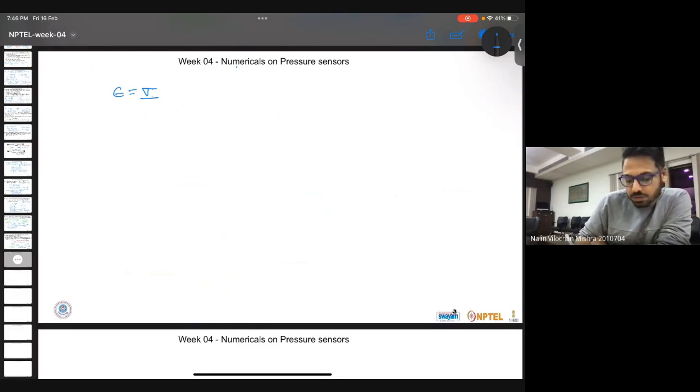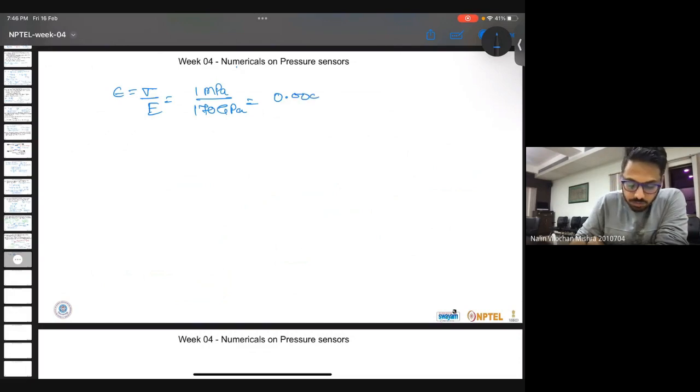Strain is related to stress as this. So the percentage of strain is coming out to be 0.00077%, and change in resistance by resistance can be written as this from this formula.